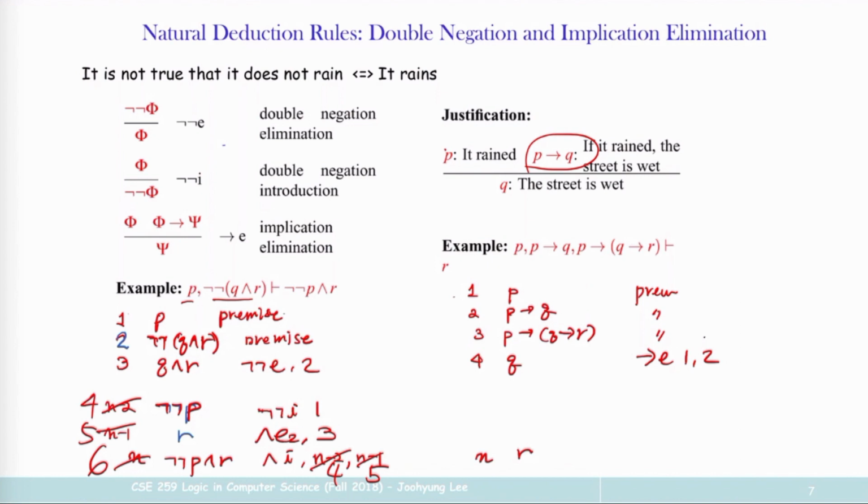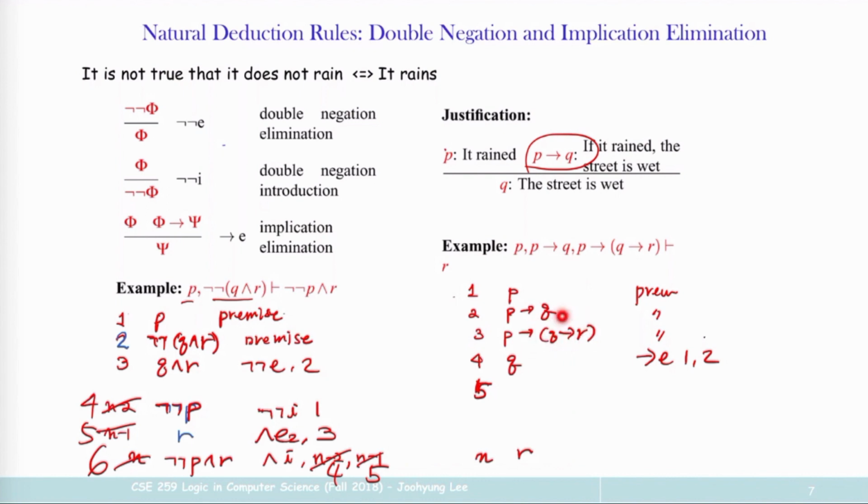Q implies R. Which two lines do you have to use? One and three. If you look at one, this is a bit tricky because this P here and P here, and this is a complex formula, Q implies R. But the same rule applies.